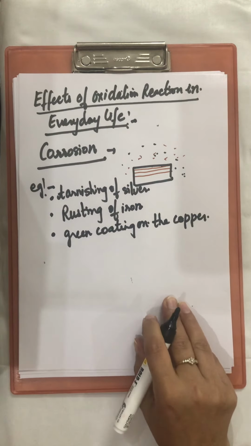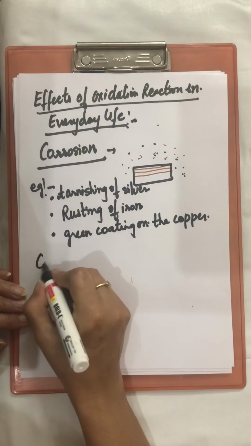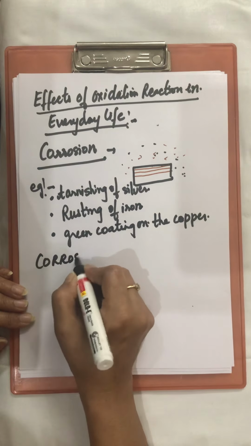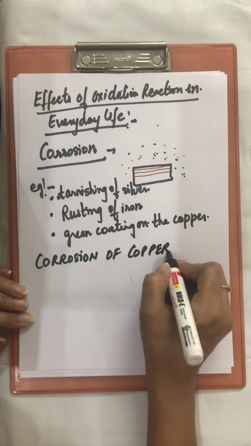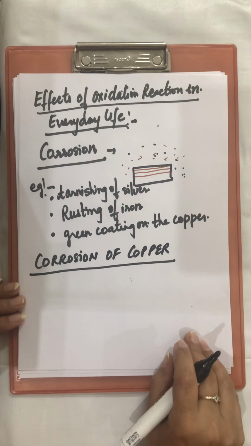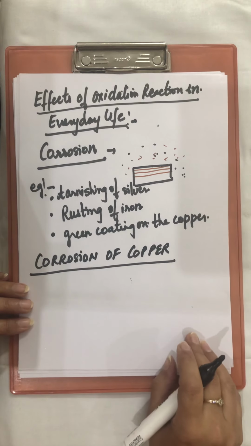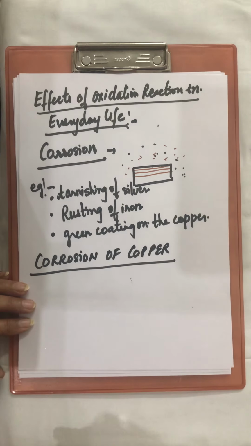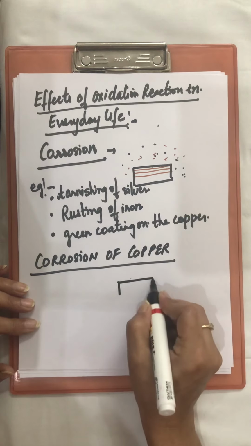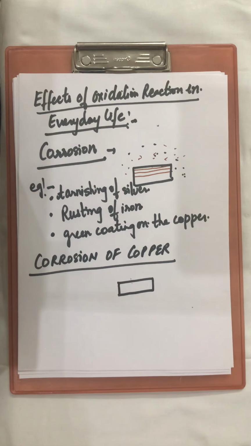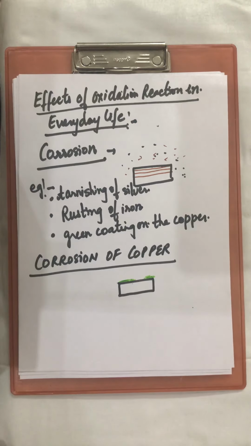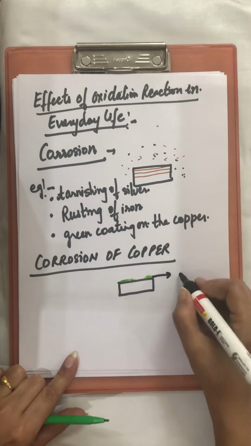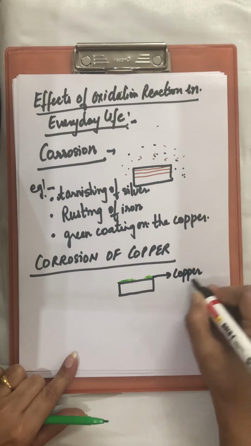Now first we are taking the corrosion of copper. Why does this green color come on the copper? Copper things develop a coating of green color. This green coating formed on the surface is actually copper carbonate.